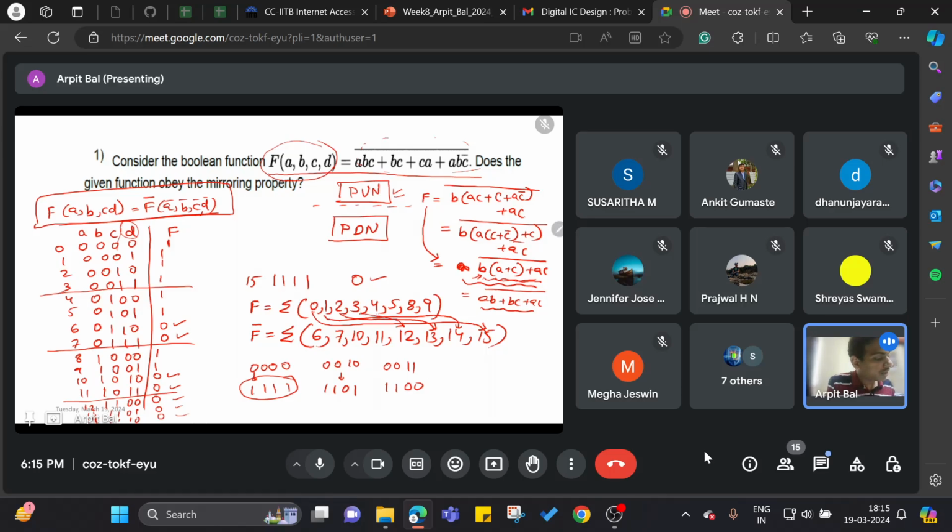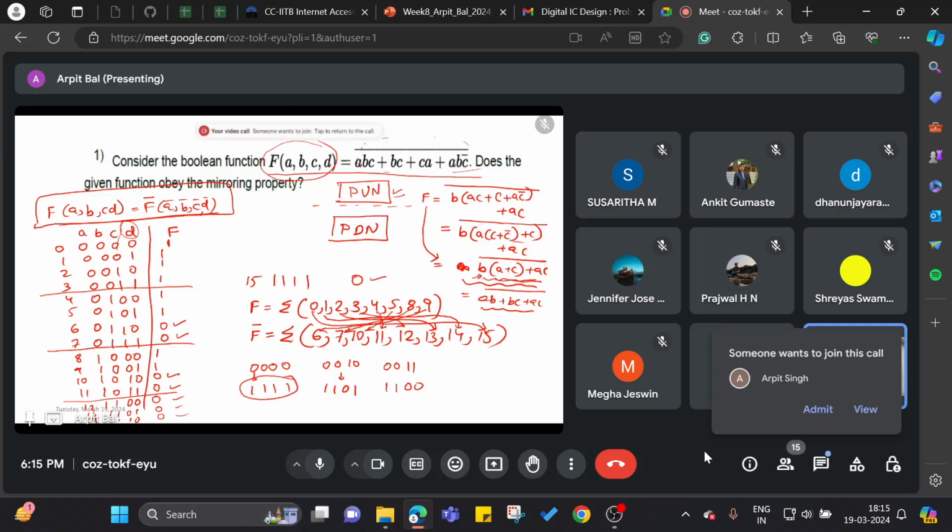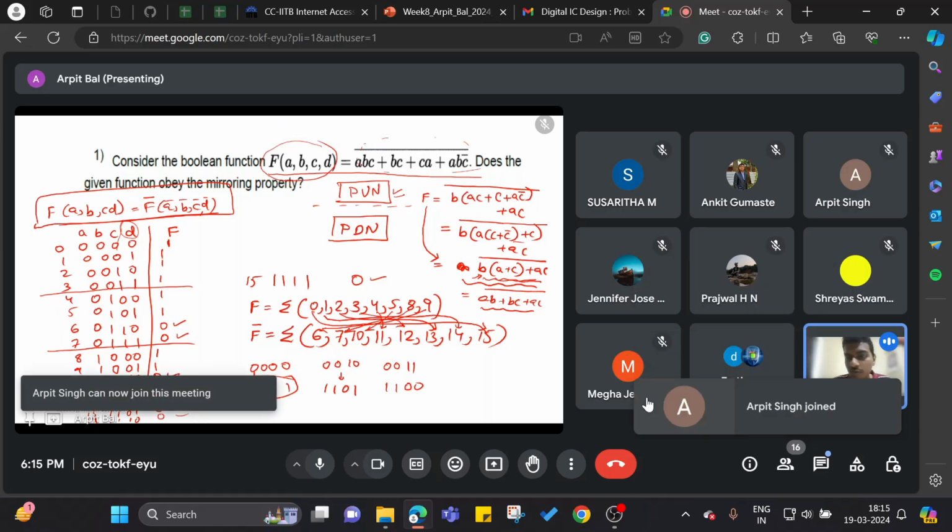Same thing with 4, it will be 11, 5 will be 10, 8 will be 7, and 9 will be 6. So because of this, it implies that this given Boolean function obeys the mirroring property.